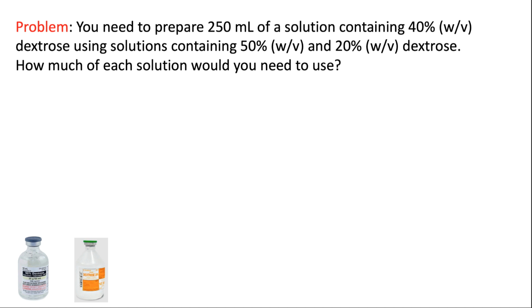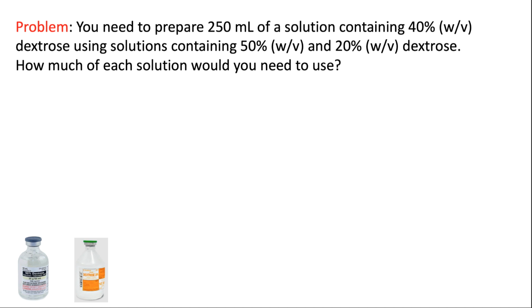We have a target concentration of 40% and a target volume of 250 mLs. To make that final 250 mL total volume, we use whatever volume of 50% we need, added to some other volume of the lower strength 20% to make this final 250 mLs that contains 40%.